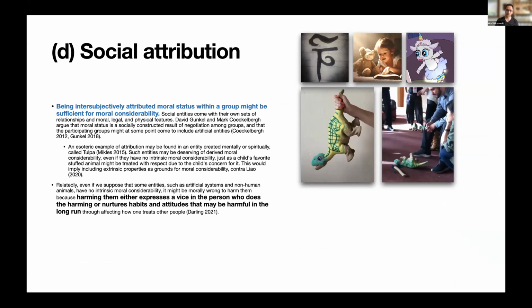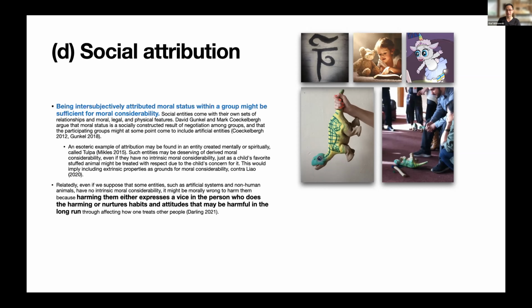Our fourth one is about social attribution. It's very interesting that being intersubjectively attributed moral status within a group might be sufficient for moral considerability in certain cases. I have a funny case, a sort of inner private joke at ALife, where we talk about topaz, right?